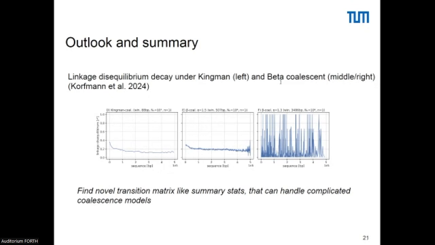For that, I think some creativity is needed to define neural-network-appropriate, transition-matrix-like summary statistics for these complicated coalescent models, without the need of inferring whole ARGs, which are in most or all cases not designed to handle beta coalescent models.